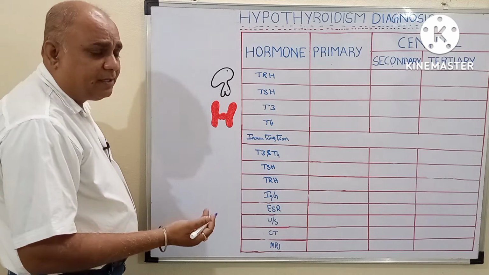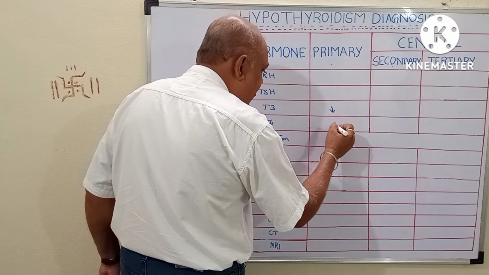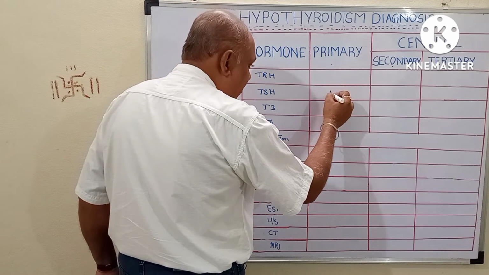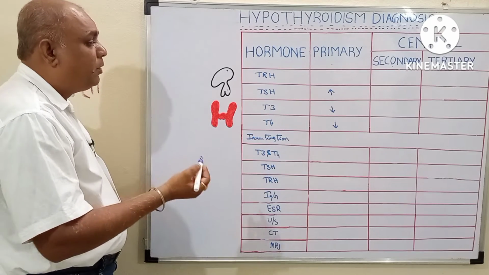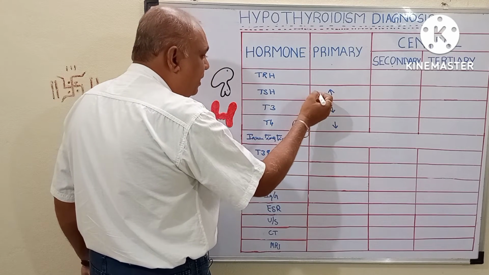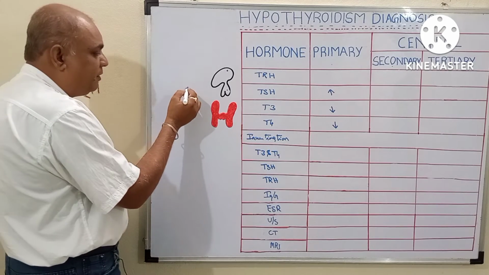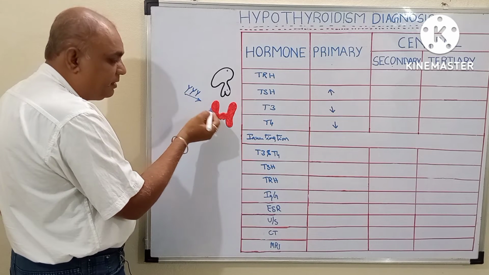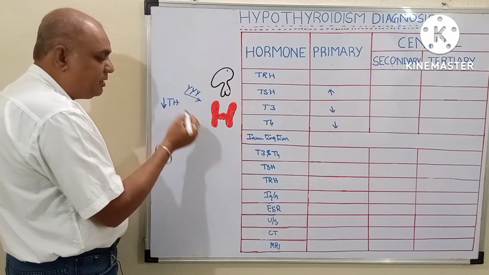In primary hypothyroidism, we can see low levels of T3 and T4 and high levels of thyroid stimulating hormone. What could be the reason for this? Antibodies may act against the thyroid gland, which in turn reduces thyroid hormone secretion.